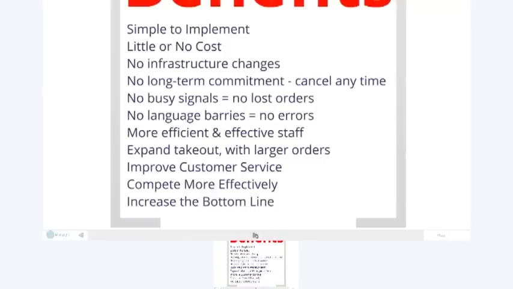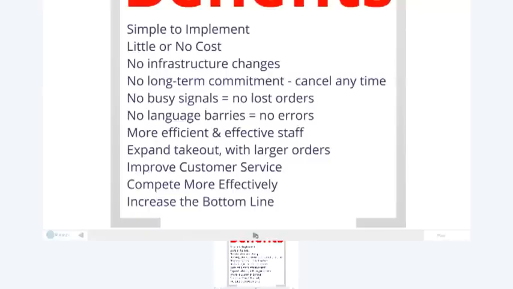As I mentioned before, there are no busy signals, which means there's not going to be any lost orders. If 10 people want to order at the same time, or 100 people want to order at the same time, by all means. There are no language barriers, which means there's not going to be any errors or any irritations. You get more efficient and effective staff, because you didn't hire people to spend half an hour on the phone taking an order for 25 people.